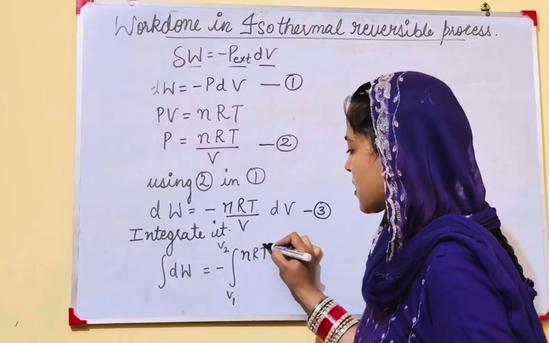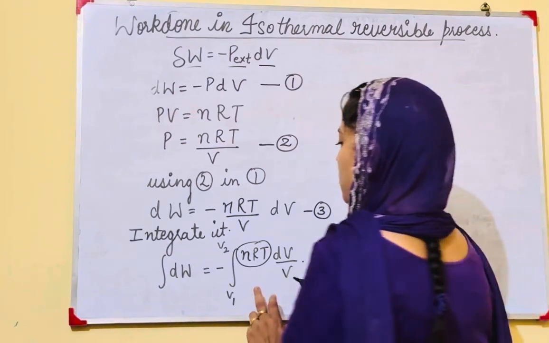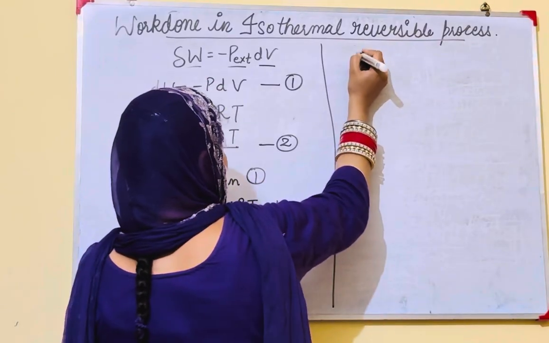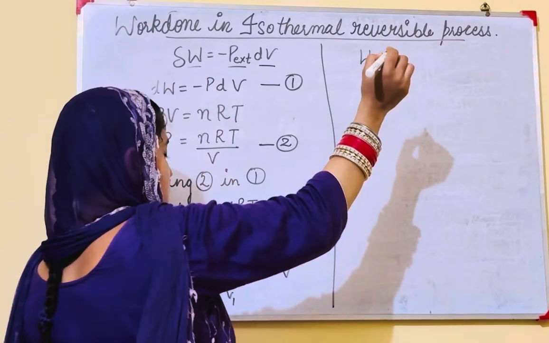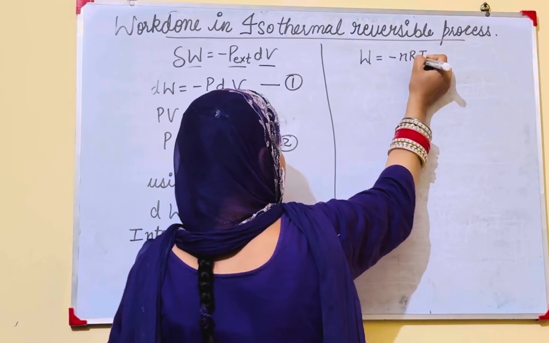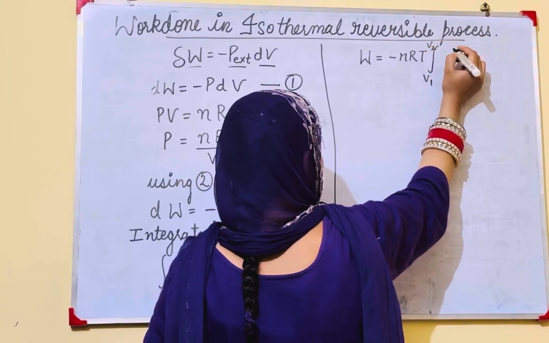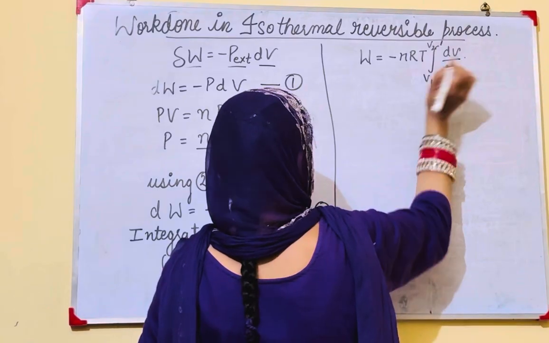Here in this case, these three things, n, R and T, are constant. So integration of dW is W, which is equal to minus nRT, and inside the integration V1 to V2, dV divided by V.